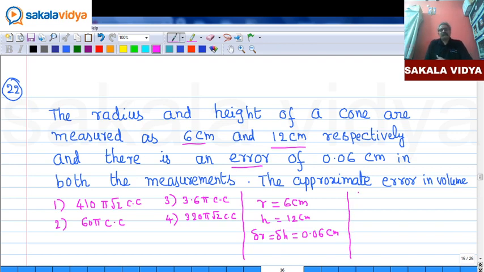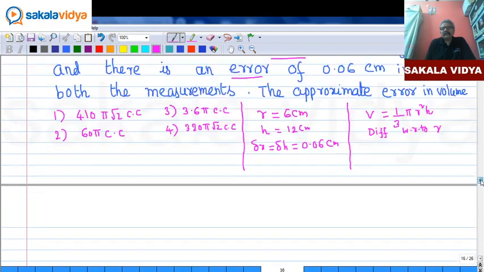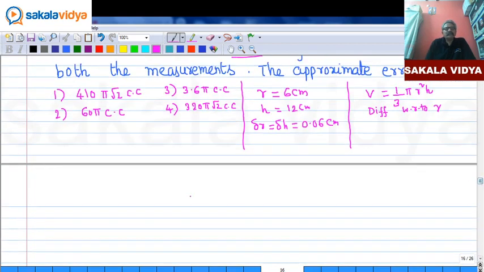So, that means here V is equal to 1 by 3 pi r square h. So, differentiate with respect to r and h, two variables.